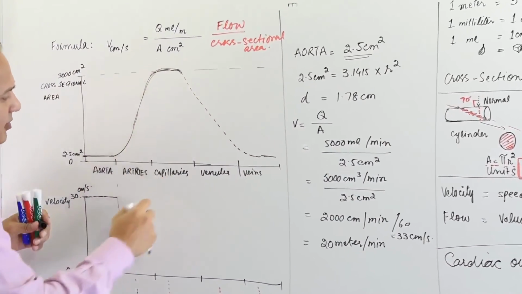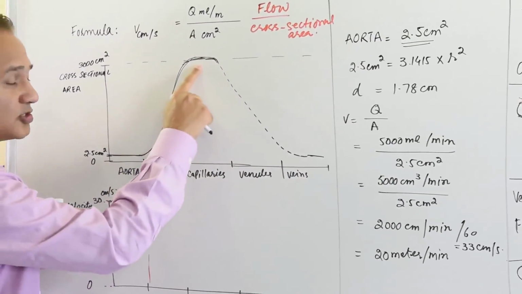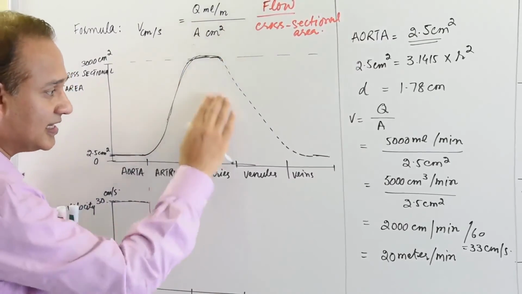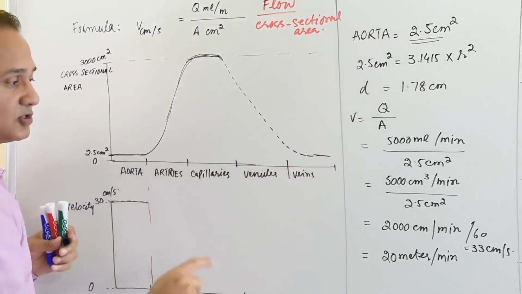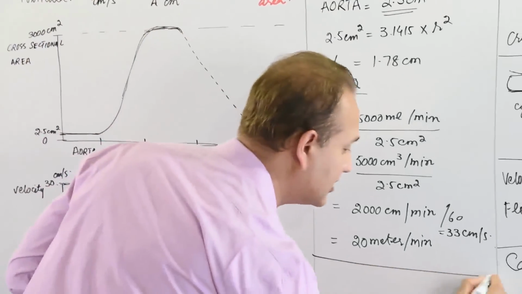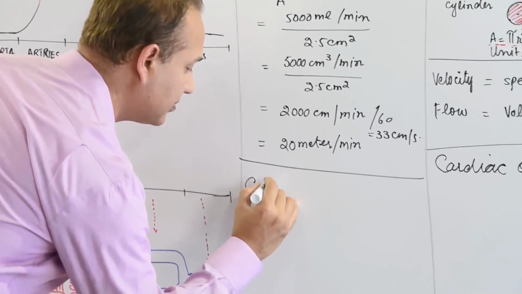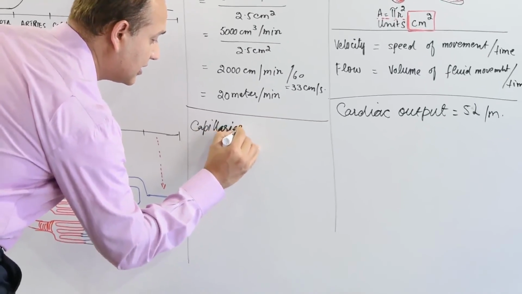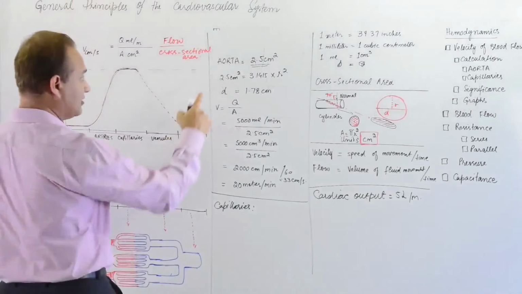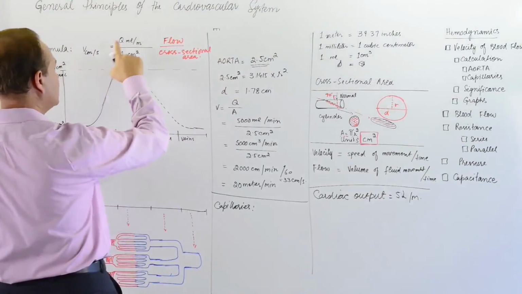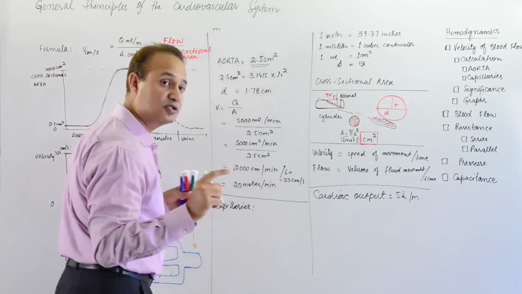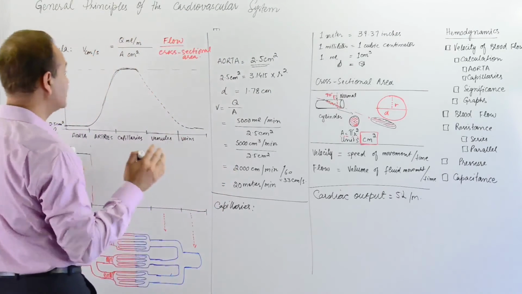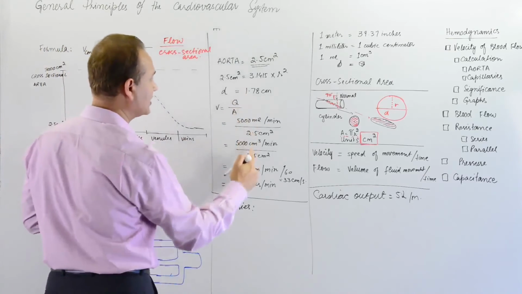You can actually see from here that blood velocity will start reducing, as we'll see in a second, and then start increasing. So let's calculate the blood flow velocity in the capillaries. Again the formula is the same, V equals Q over A. The capillaries' cross-sectional area is about 3000 centimeters square. Let's plug the values in.